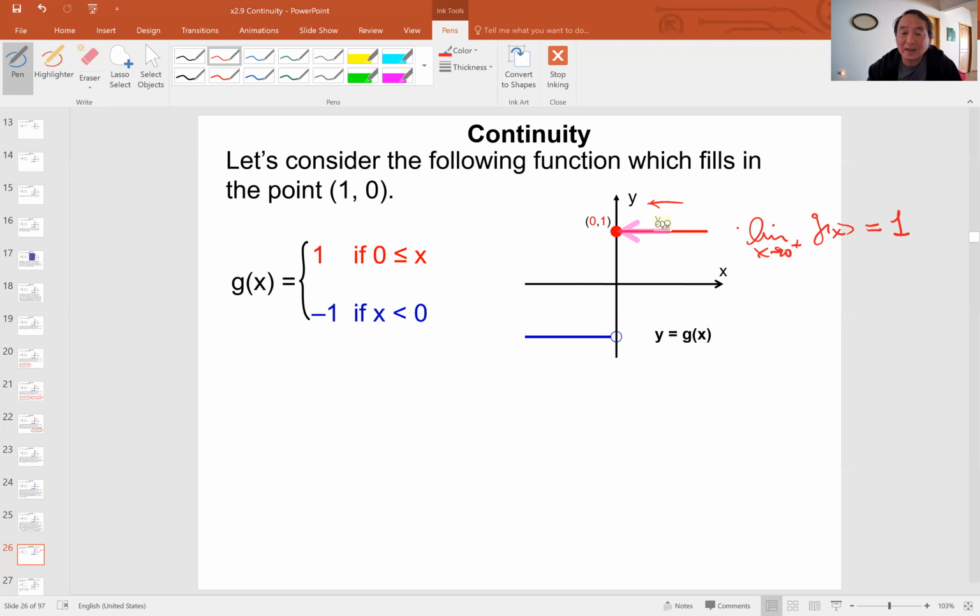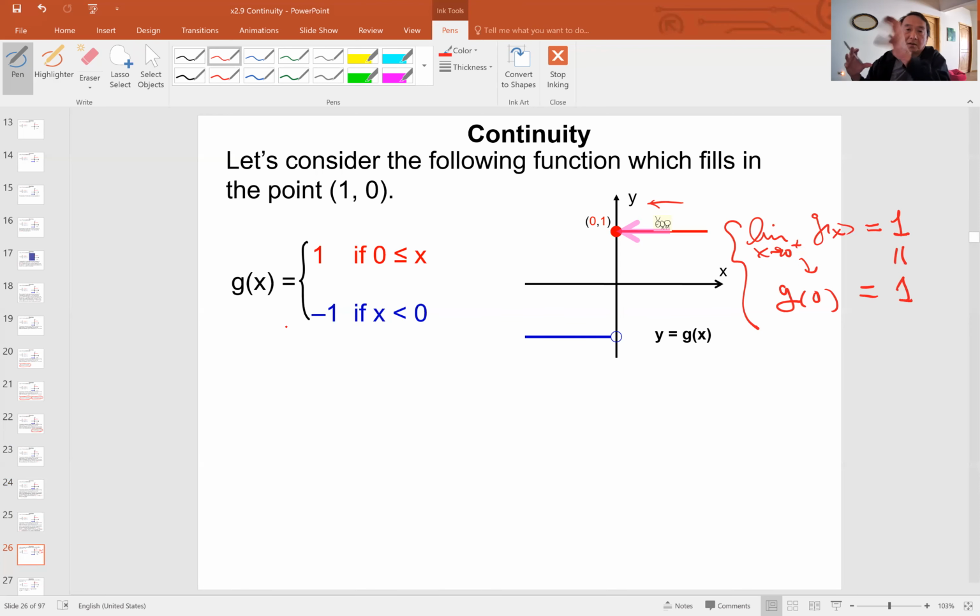On the other hand, the point at 0 is 1. They're the same. So coming from the right-hand side, the limit is equal to the function value.